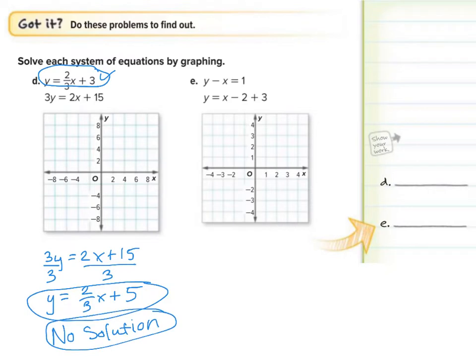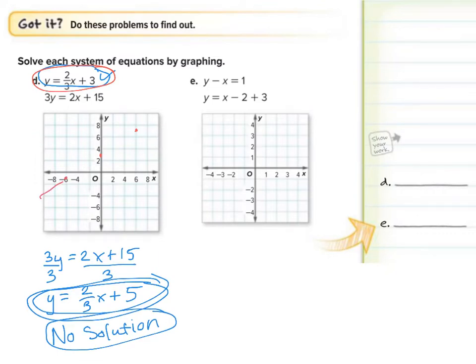So I'm going to start by plotting the points. I'm going to graph this line in red and this line in blue. So I'm going to start at 3 on the y-intercept, and then 2/3 is up 2 over 3, down 2 over 3.